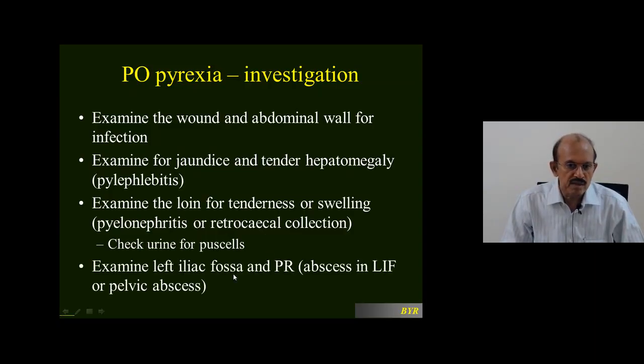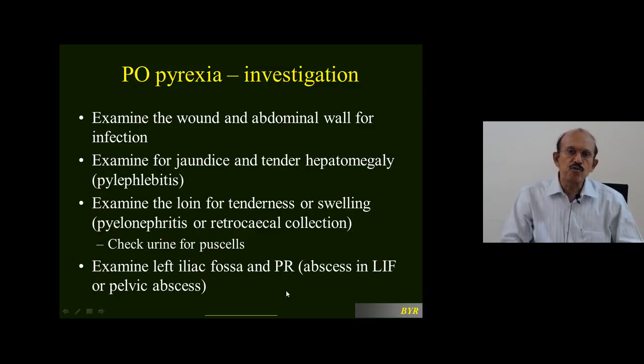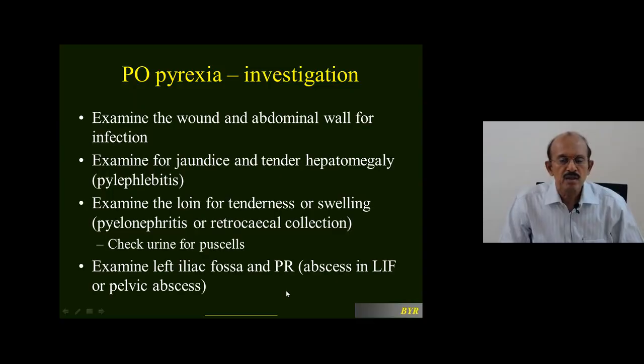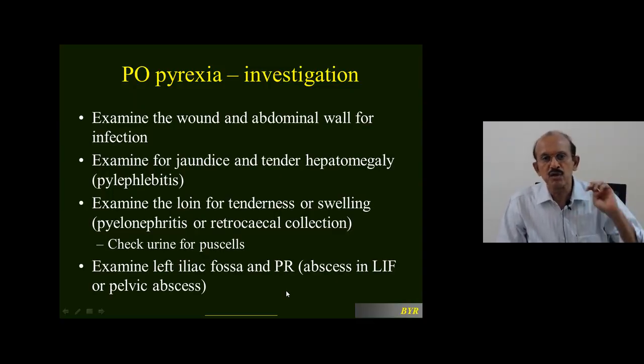Check urine for pus cells. Examine the left iliac fossa and do per rectal examination. There may be abscess in the left iliac fossa or pelvic abscess. Whenever appendicitis is there, there will be some amount of exudation of pus in the peritoneal cavity. So you must mop it out or give a wash.